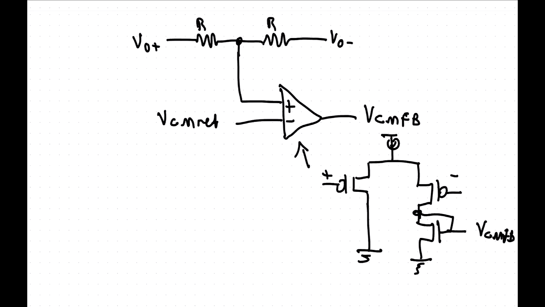Now, the reason I don't like doing that is that it's not critical if the common mode, how should I say this, the amount that the common mode changes. Sorry, I have to think about what it is I really want to say. So the amount that the common mode changes around depends on the gain in the common mode feedback loop. So the higher the gain in the common mode feedback loop, the more stable it's going to be.